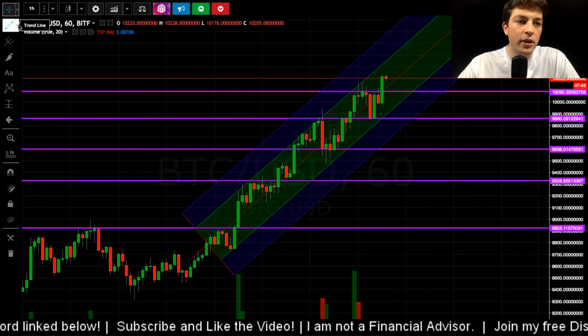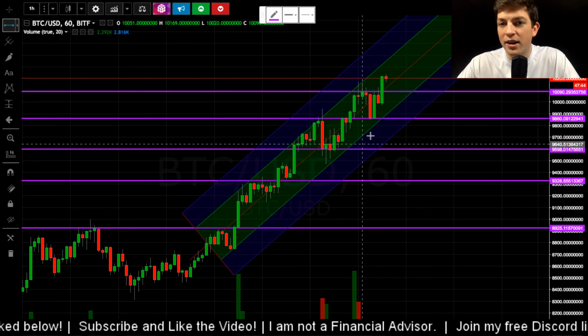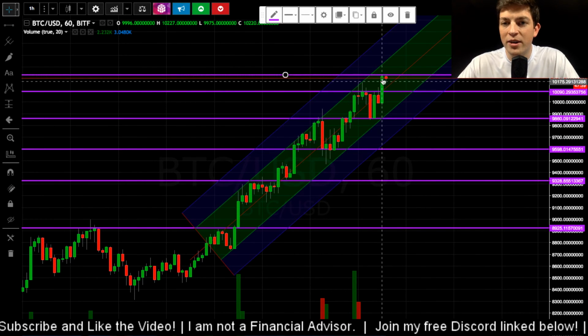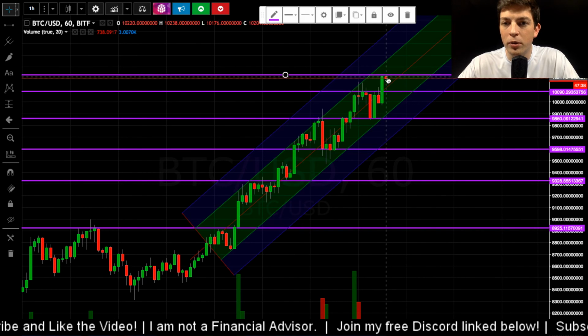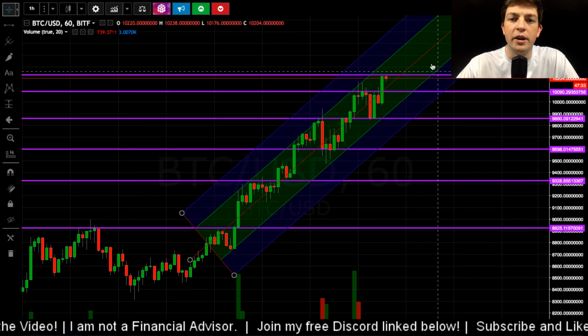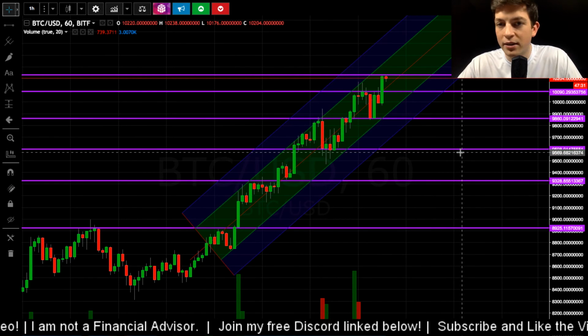But now that we've broken that initial resistance line, we can see that we're forming a new resistance line right here because we've topped out on two separate candles up at the top here. And this could break and be readjusted here, but that's just something we got to figure out.